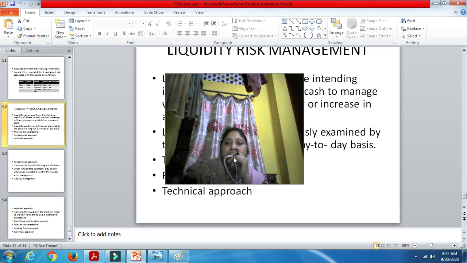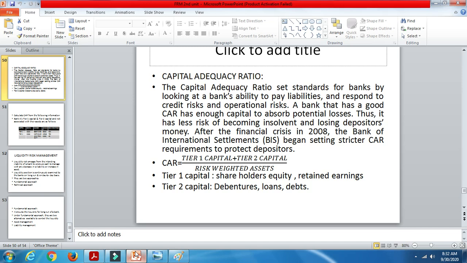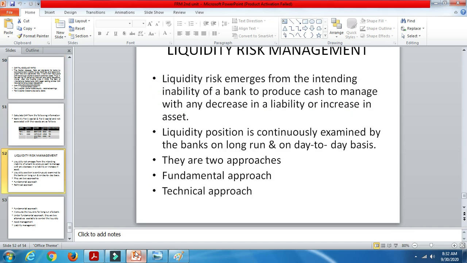We have discussed these buckets that have to be maintained as per RBI guidelines. Liquidity risk is basically the bank's capacity to convert anything into money. Here we are talking about the banking risk management system only, so that also plays an important role.